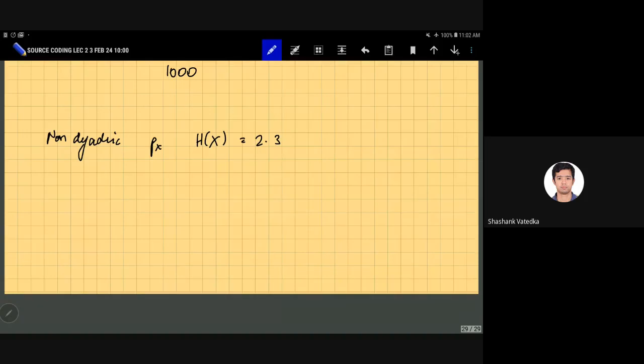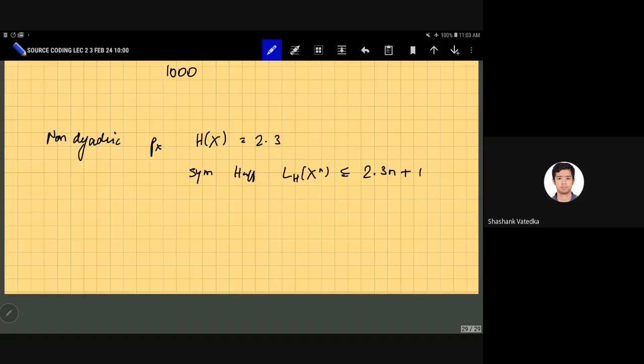The first statement is that symbol-wise Huffman encoding achieves an expected length L_H of X^n less than or equal to 2.3n plus 1 bits. Is this true?